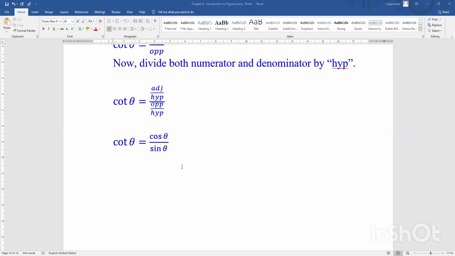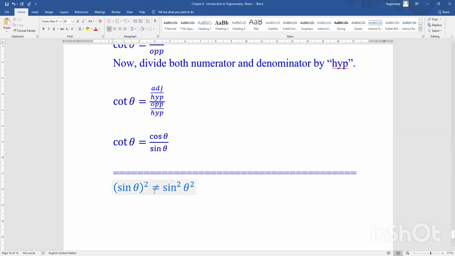Okay. Now I want to give you a very important note, so that we are going to use it. The first one is sin theta whole square.